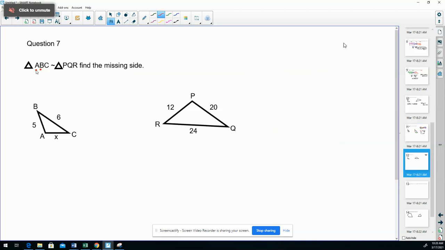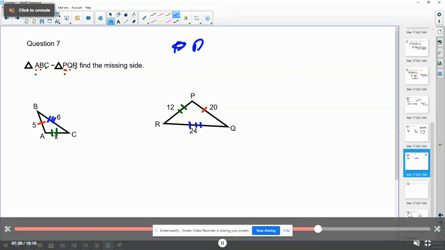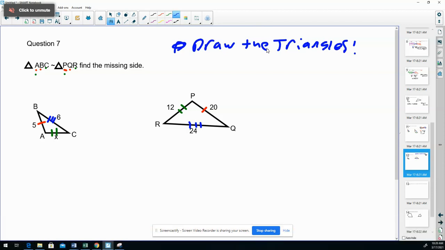Okay, question 7. Triangle ABC is similar to triangle PQR, so we're going to mark it. Notice how the orientation now is different, so this part is very important. Okay, AC and PR match up, and then the last two sides match up. Now I have to use the side with x. Make sure you draw the triangles out. Do it out. Don't do it in your head.